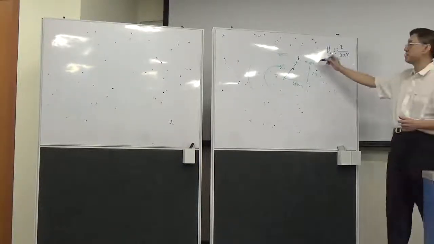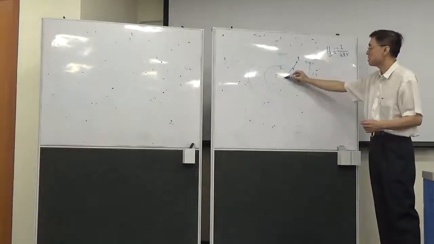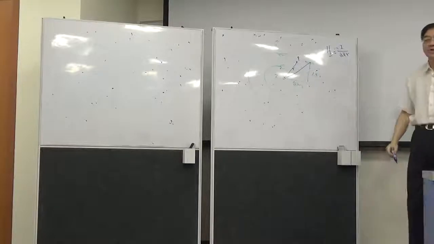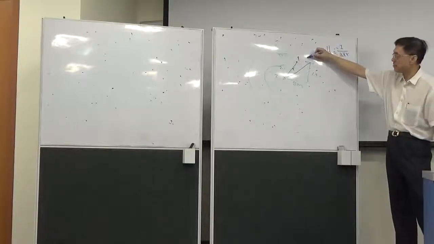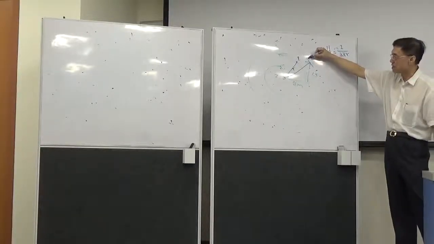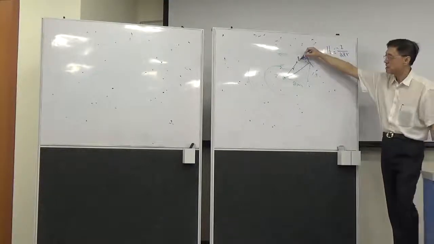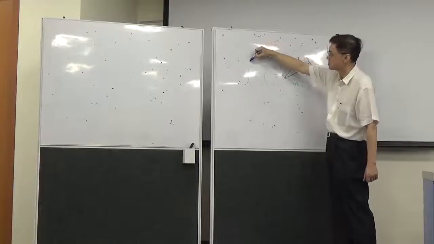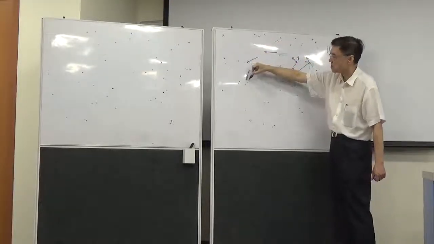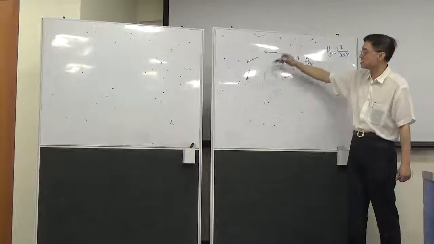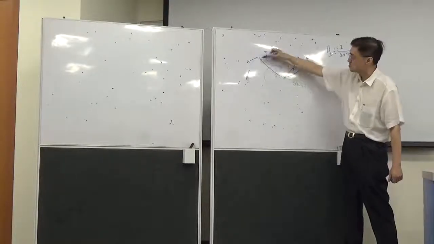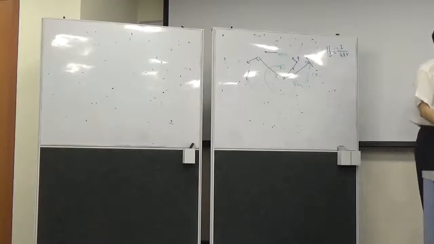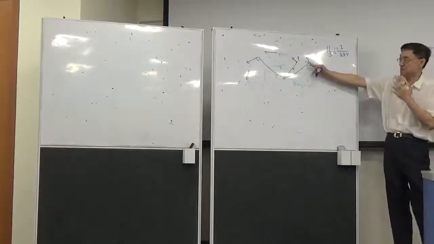If I take a point P here, the magnetic field will be like this, because the magnetic field will always be tangential to this circle. When it's tangential to this circle, that means it is perpendicular to the radius.